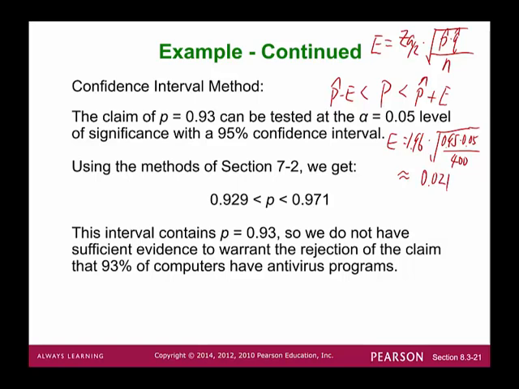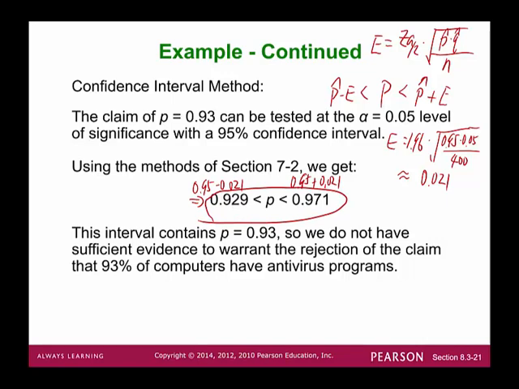And p hat, we know that, so 0.95 minus 0.021 gives you 0.929. If you add 0.95 and 0.021, you get 0.971.